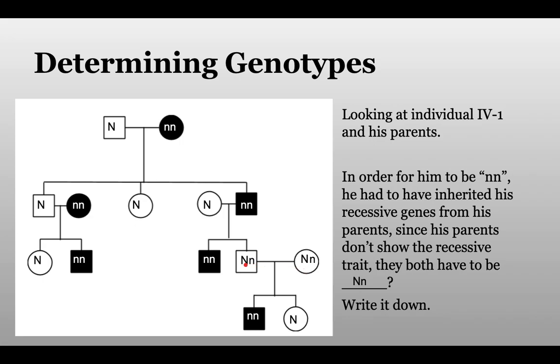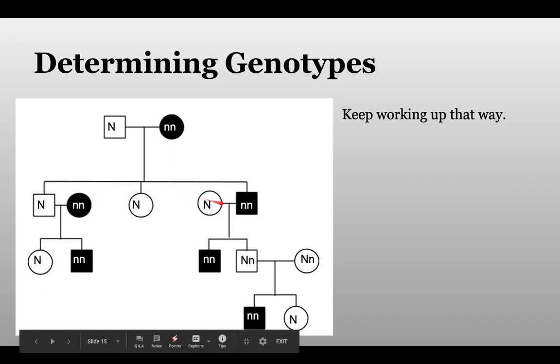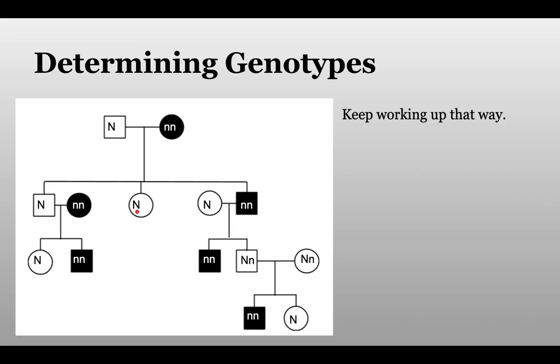Now let's move on and do these ones over here. Save this one for the last. This one's going to be a little tricky, but go ahead and see if you can figure out how to do these other ones. I'll give you a hint, okay?